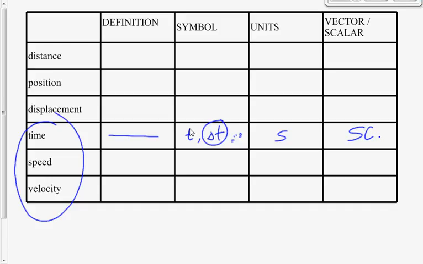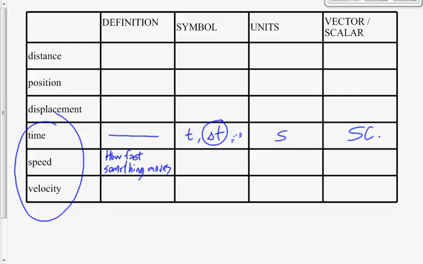Speed, we're going to define that one, although we pretty much know what that means as well. How fast something moves. Symbol, might want to call it an S, but we're not going to do that.